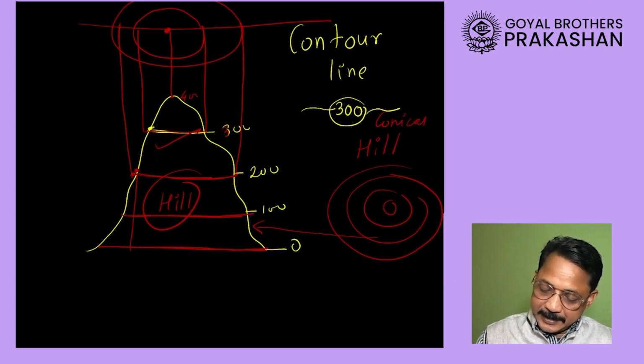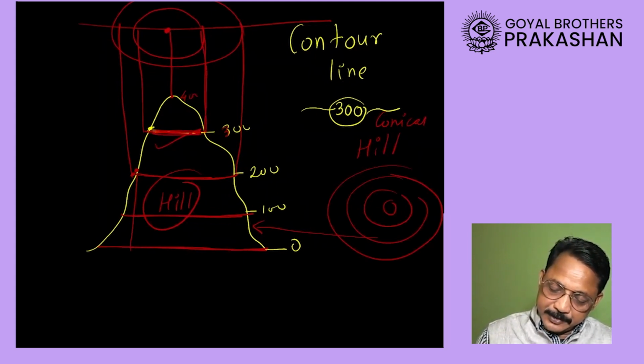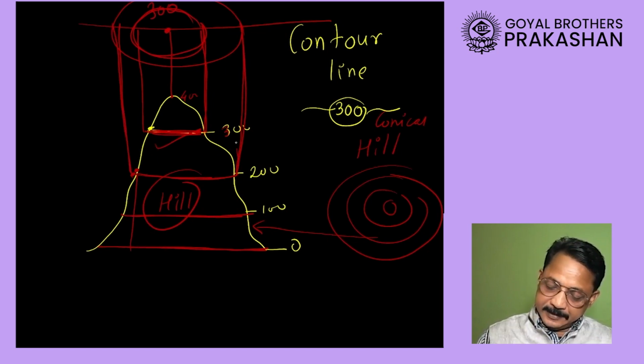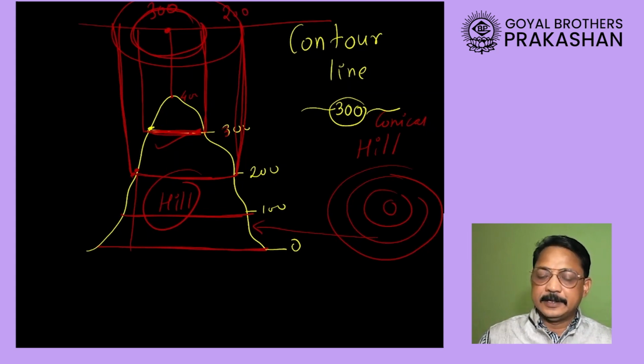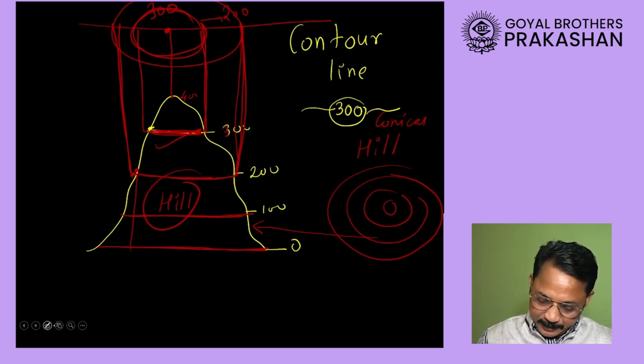Now, please see again carefully. This line here is 300, so it indicates a height of 300 meter. If I take the next line over here, this line will show 200. That means as I go outward, the numbers go on decreasing. Let us look at it carefully. Suppose this is the innermost line, it is showing 400 meter.